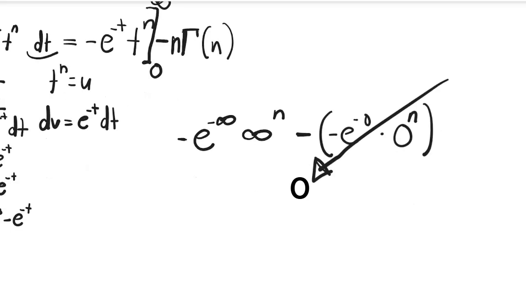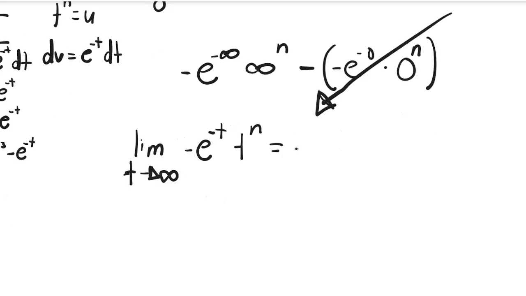And actually, let's rewrite this as a limit. This is a limit as t approaches infinity of minus e to minus t times t to the n. And we can rewrite this as a fraction. So this is minus t to the n divided by e to the power of t.